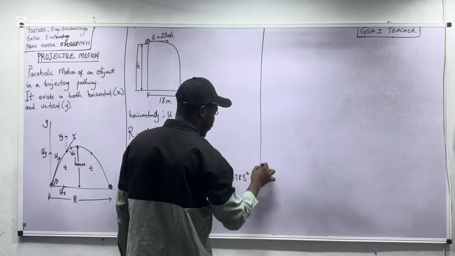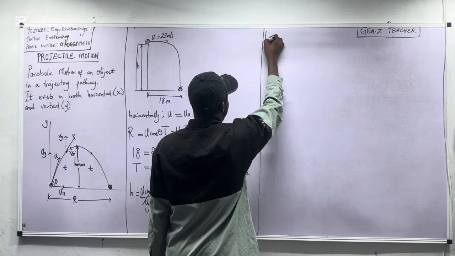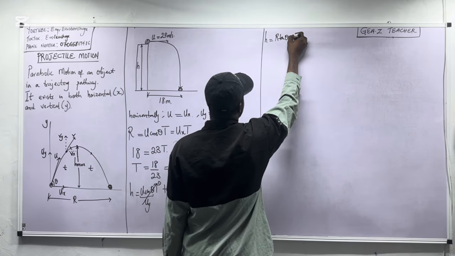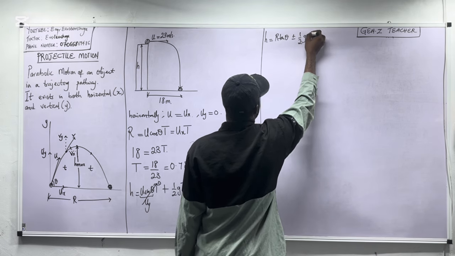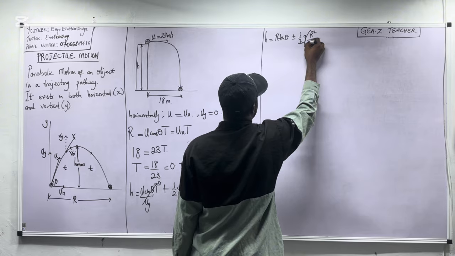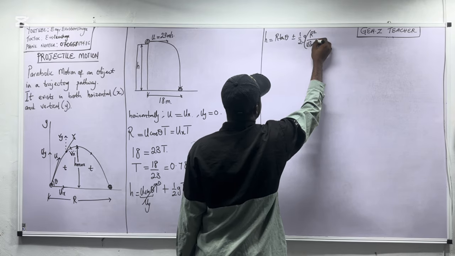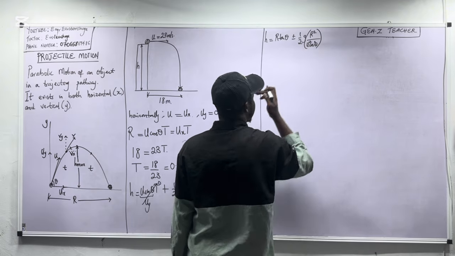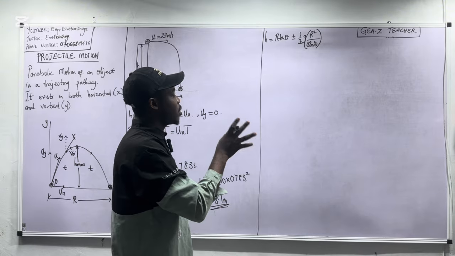If you recall from our previous derivations, we discovered that h equals r tan theta, plus or minus half g r squared over u squared cos squared theta. We had this in our previous derivation. Now we can use this formula to solve this question.